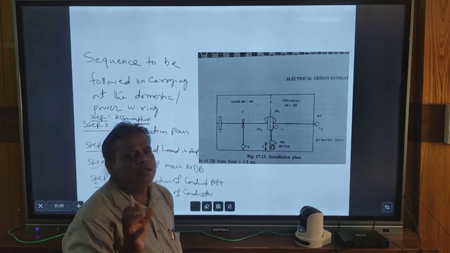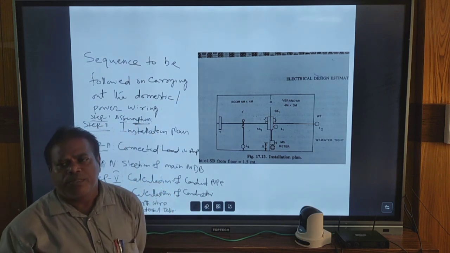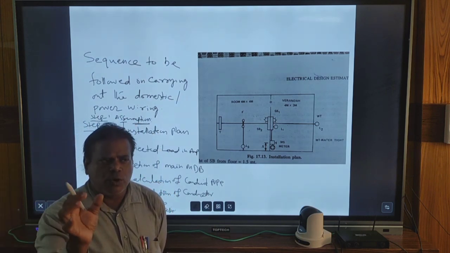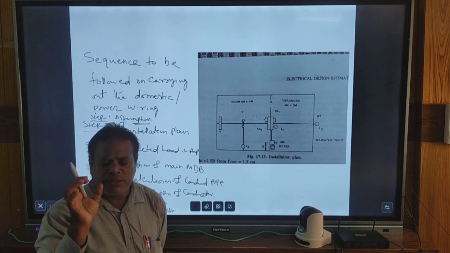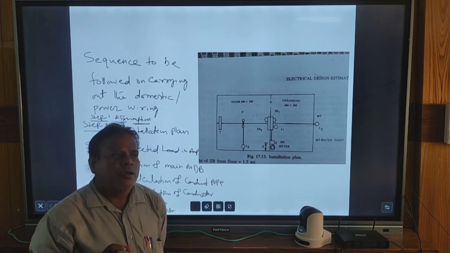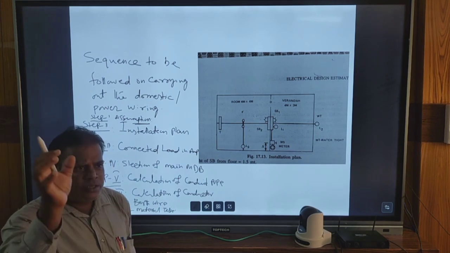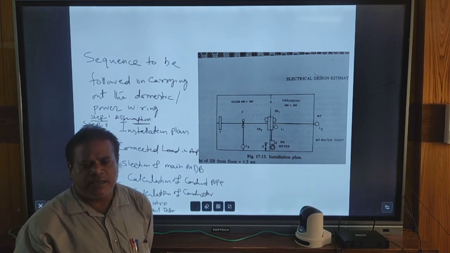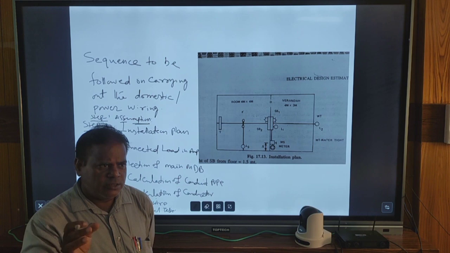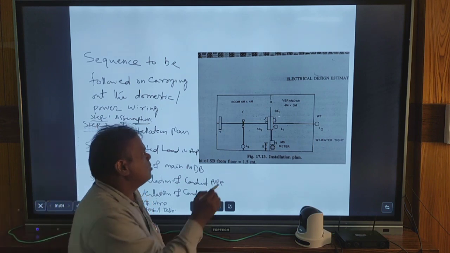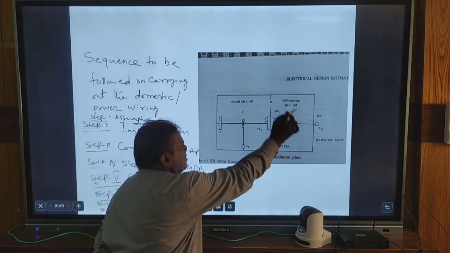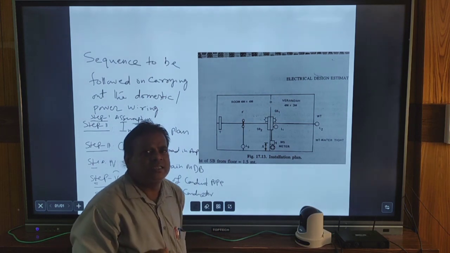So how will we equip the bulbs, switchboard, the energy meter and the main switch, like that. In that way, as per the guidelines of the Indian Standard Electric Rules, we will draw a plan, and that plan is known as the installation plan.